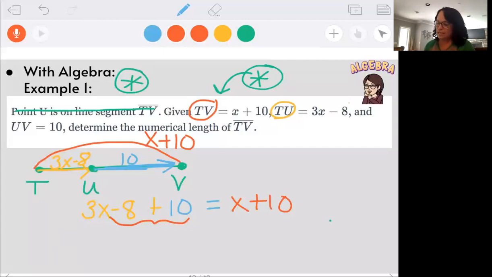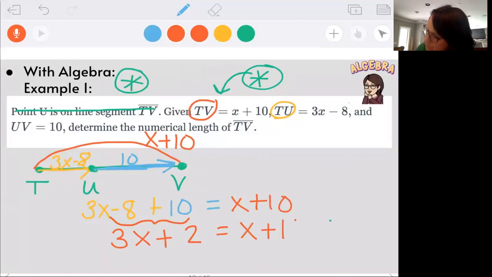-8 plus 10 is 2. Then we need to get the variable on one side by moving one of them over by doing the opposite operation. I'm going to choose to subtract x because I don't like negative, so I always grab that smaller.